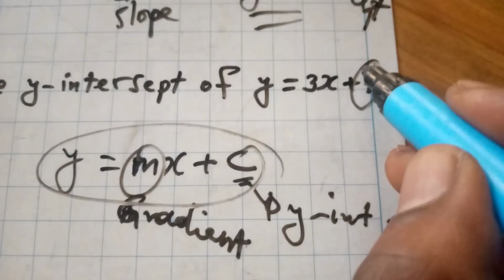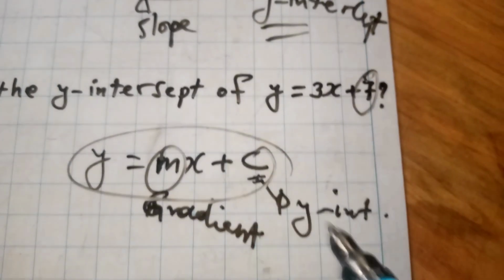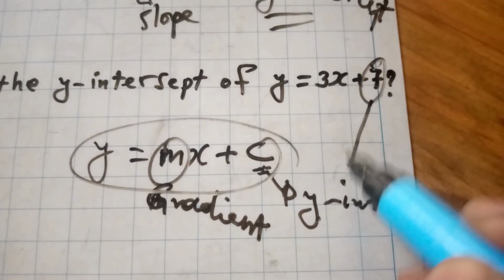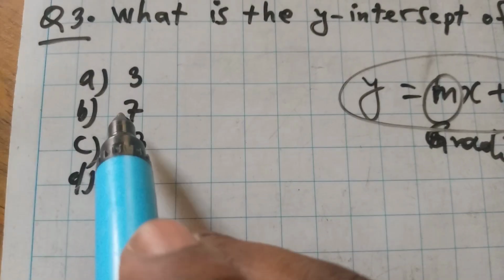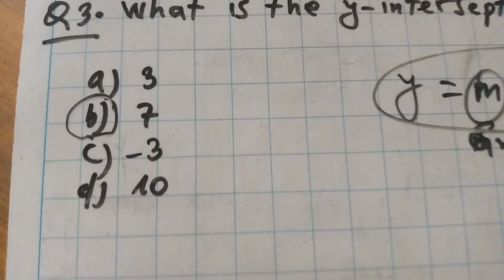From the equation that we have, this 7 is standing in place of c. So this 7 is the y-intercept. So the best choice here is number B, the 7, right?